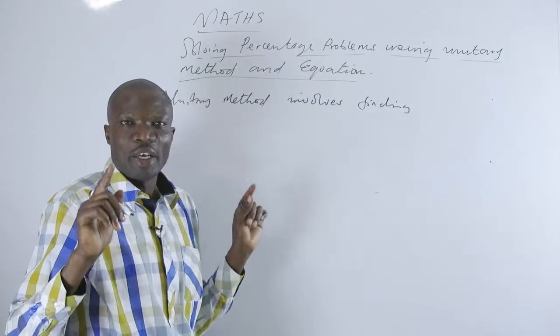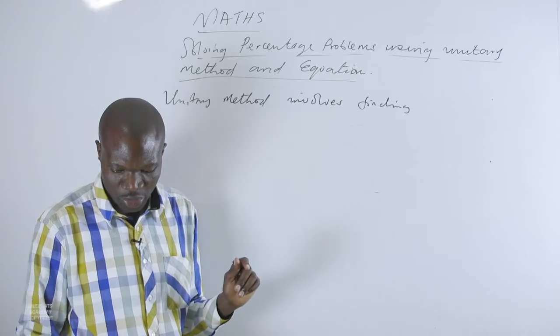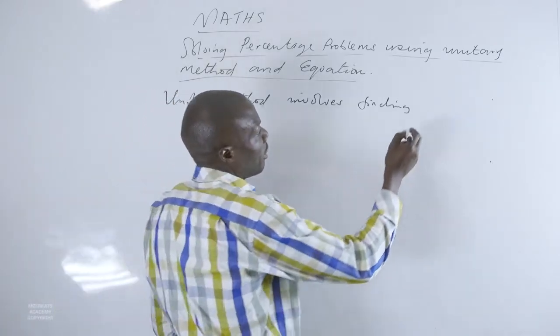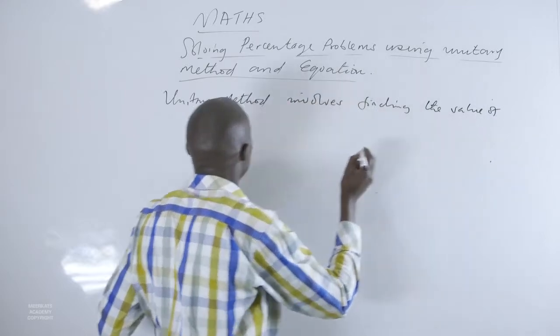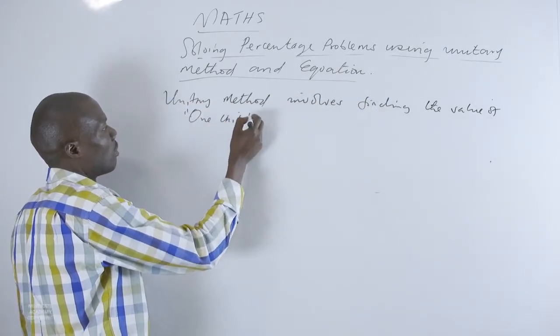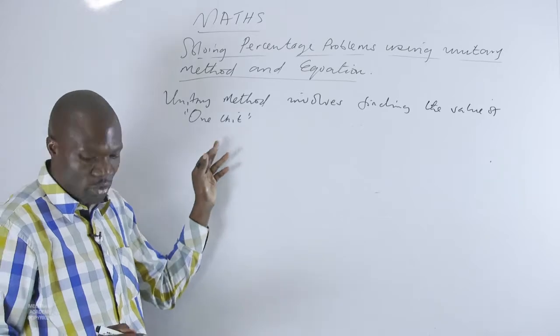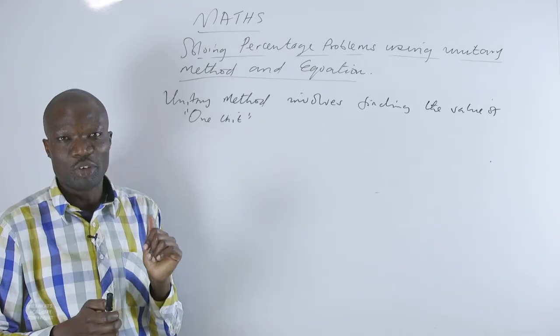Unitary method involves finding, and what is very important is what I'm going to put across, the value of 1 unit. The value of 1 unit. That is very important.